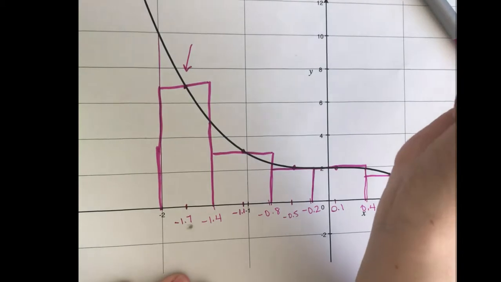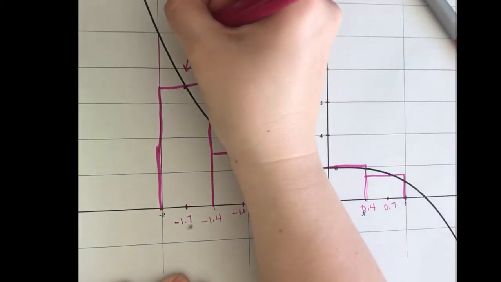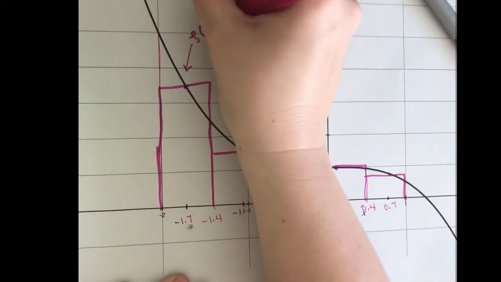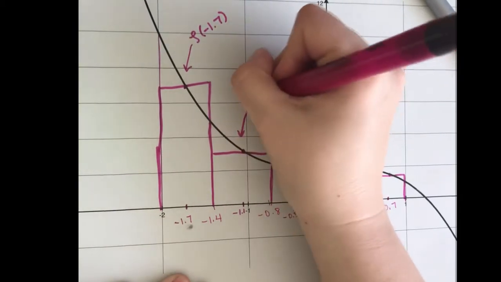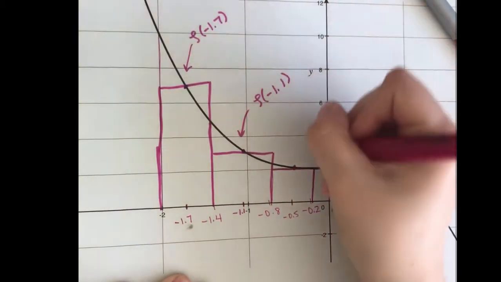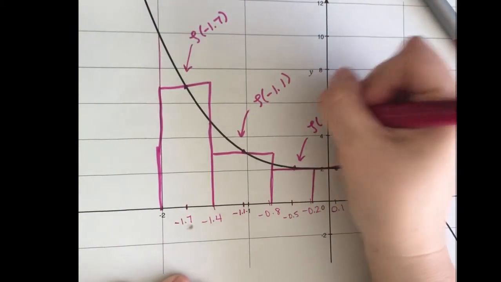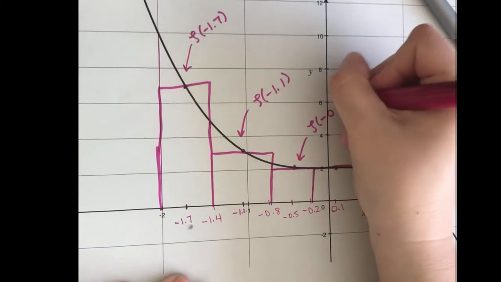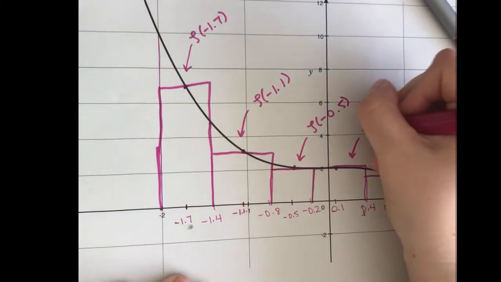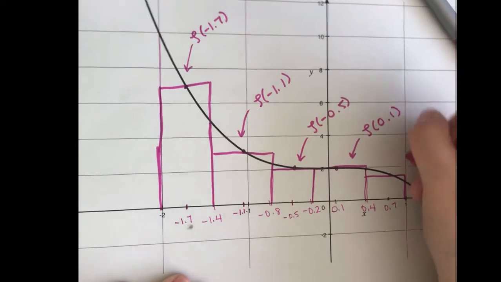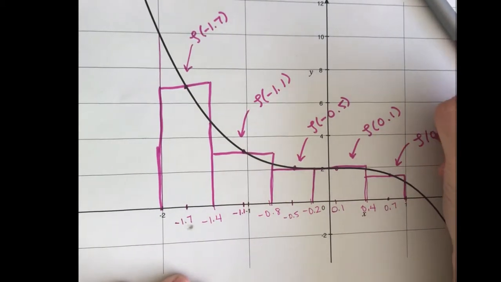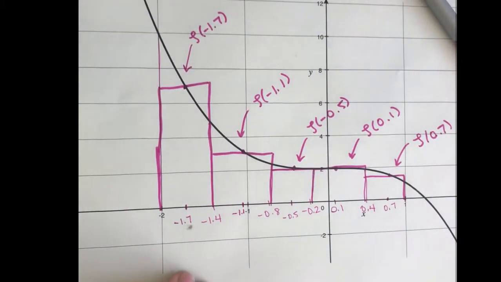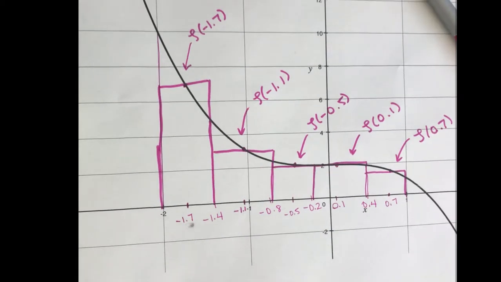Again, the function height comes from the midpoint: f of -1.7, f of -1.1. That's why it's so important to graph it and have everything marked on your graph, because it makes this part so much easier. And then just as before, find the area of each rectangle and add them all up.